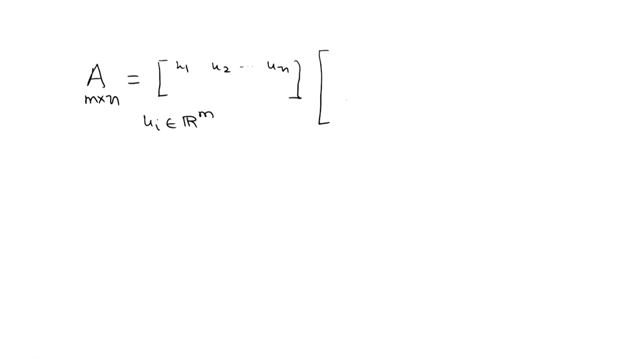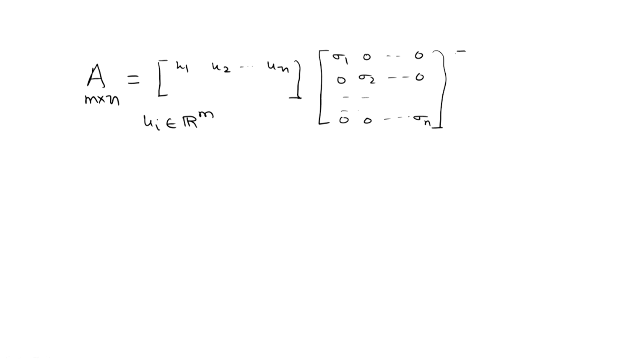Then I have matrix S, which is an n by n diagonal matrix with diagonal entries sigma 1, sigma 2 up to sigma n.